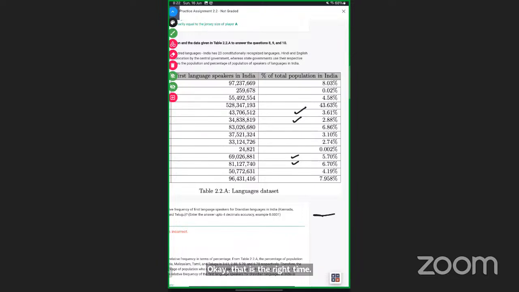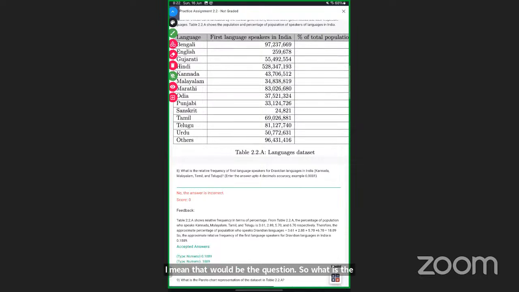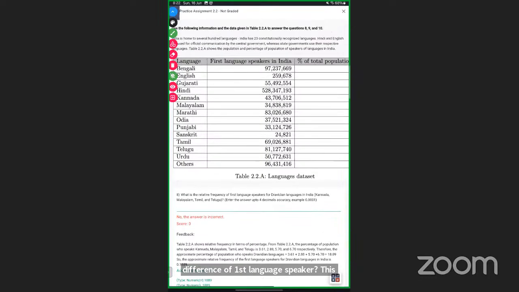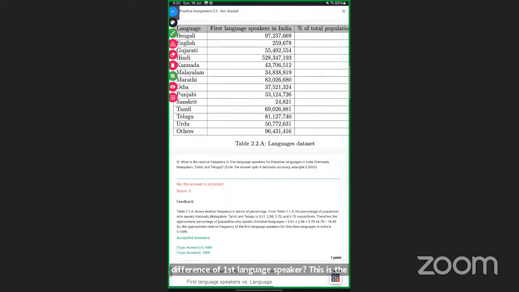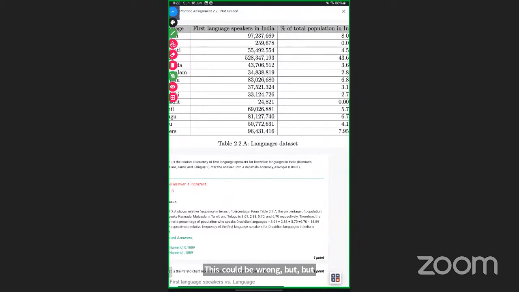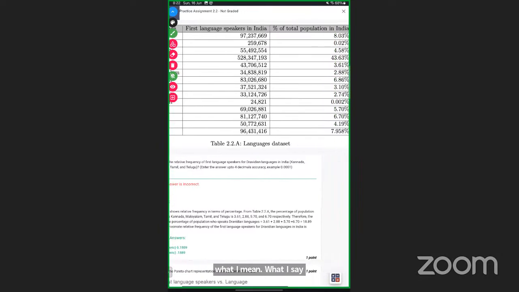That's straightforward, I think. The doubt is, what is the sum of relative frequency? That would be the question. So, what is the relative frequency of first language speakers? This could be wrong, but we can sum it up and find the answer.